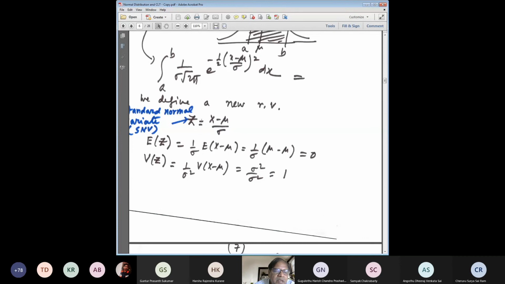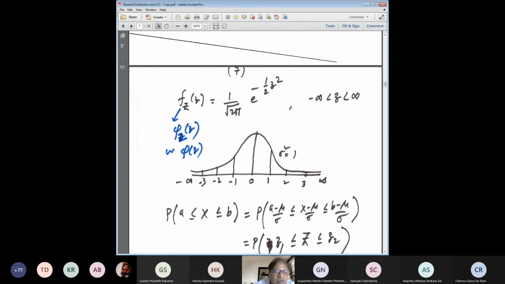So whatever the original random variable X, with certain mean and certain variance, if you subtract the mean and divide by the standard deviation, you will get Z, and the distribution of Z is normal 0, 1. The density function we obtain is 1 by root 2 pi e to the power minus half z square. You can easily see this density function does not involve any mu and sigma.